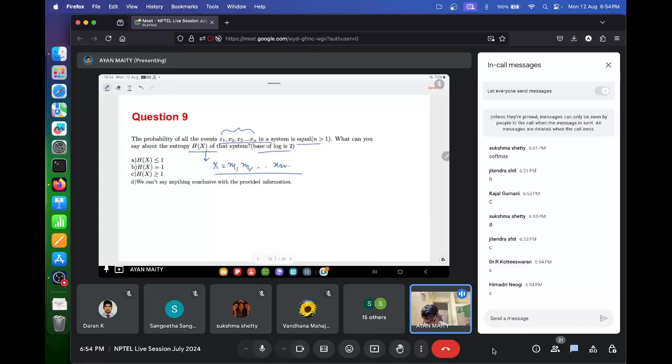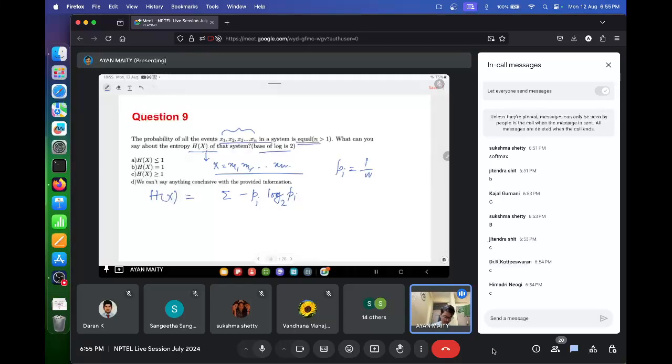So the entropy H of x for this random variable x is computed as negative of the sum of the probability of the ith event, p of xi, and log of p of i base 2. Here p of i is 1 by n for every i, because each event has equal probability.